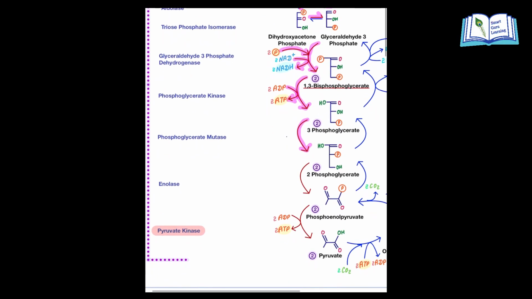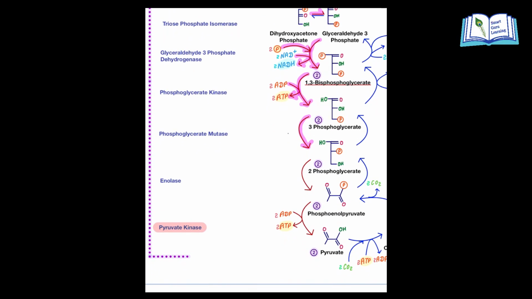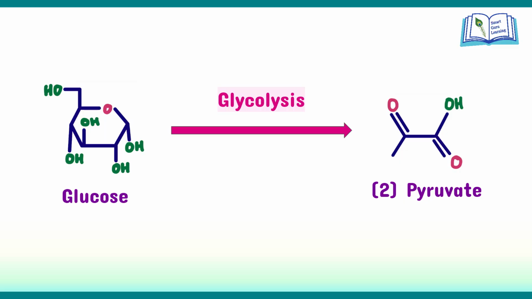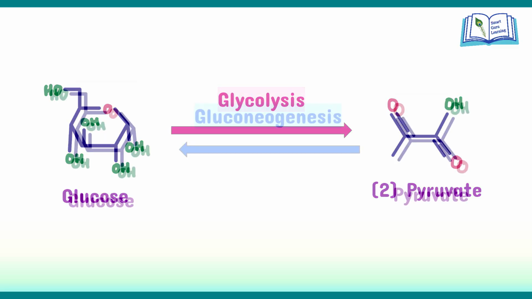This produces 3-phosphoglycerate, which is then isomerized to 2-phosphoglycerate. It is then dehydrated with the removal of water and forms phosphoenolpyruvate. The phosphate groups from this phosphoenolpyruvate are then removed to form 2 ATP from 2 ADP, and with this, 2 molecules of pyruvate are formed. In this way, 1 molecule of glucose produces 2 molecules of pyruvate.